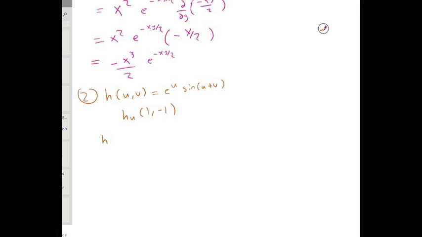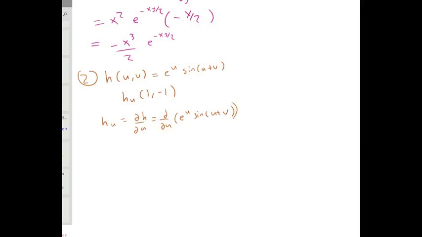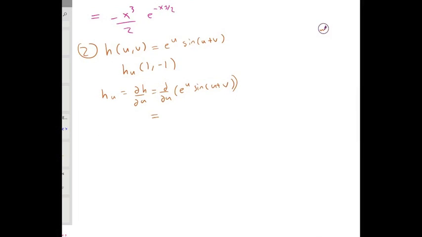So hu is going to be dh du, so d du of e to the u sine of u plus v. So again, we're going to use the product rule. We're going to take the derivative of this with respect to u, multiply it by this function sine of u plus v, add that to this function times the derivative of sine of u plus v with respect to u.